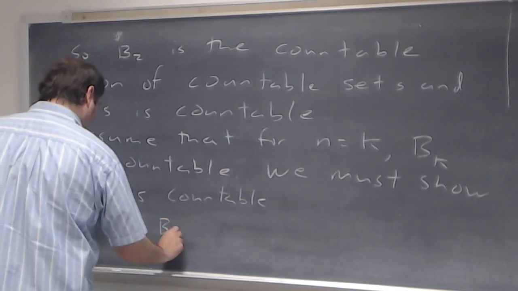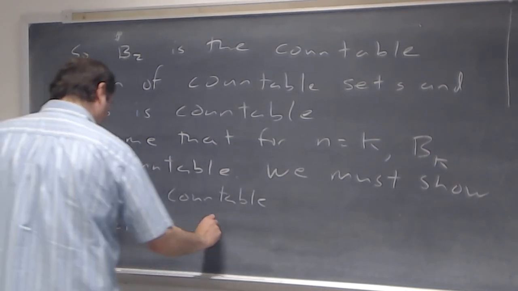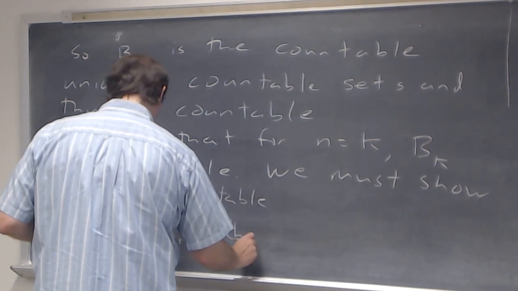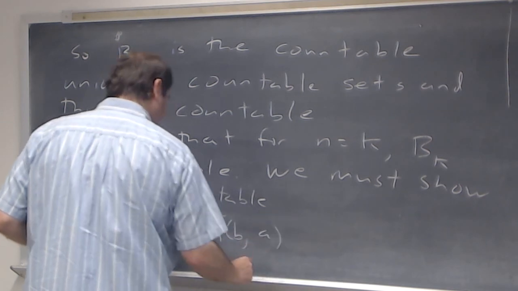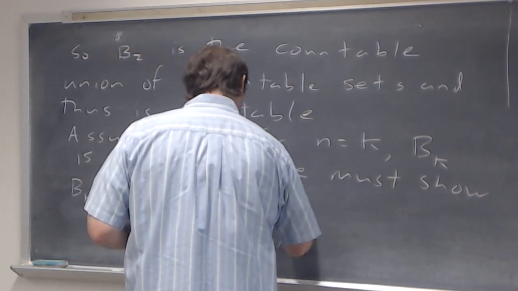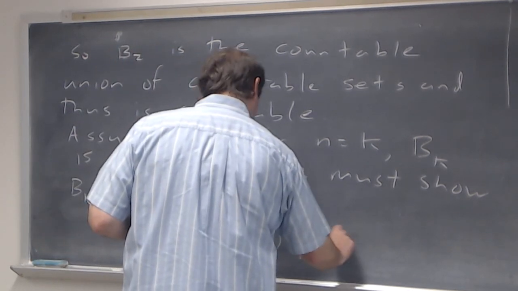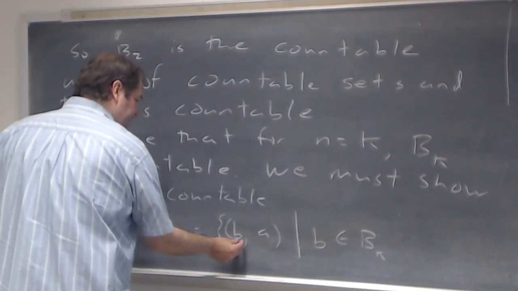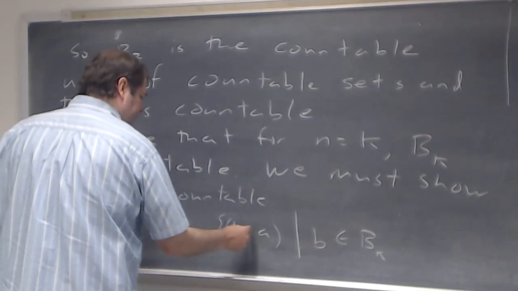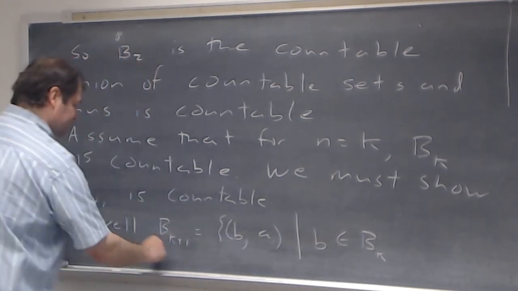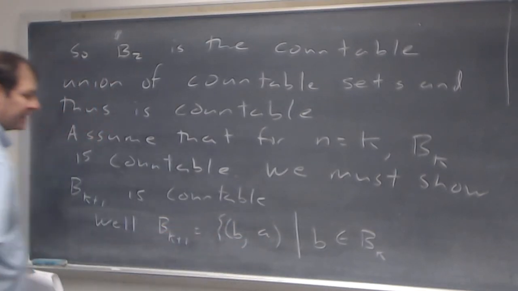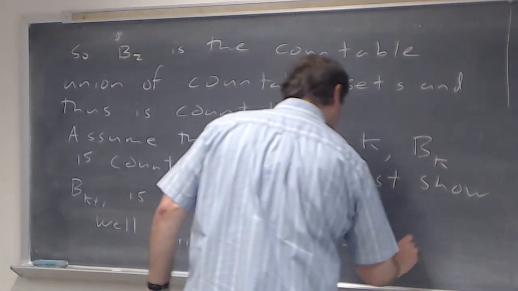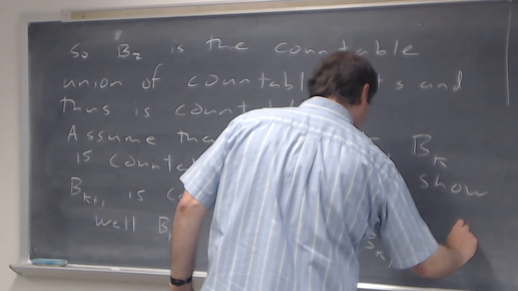B sub k plus 1 is really equal to the set of all (b, a) such that b is an element of B sub k. So you think of b being (A1, A2, A3, all the way up to Ak), and then to get to something in B sub k plus 1 we name another coordinate. And a is an element of big A.